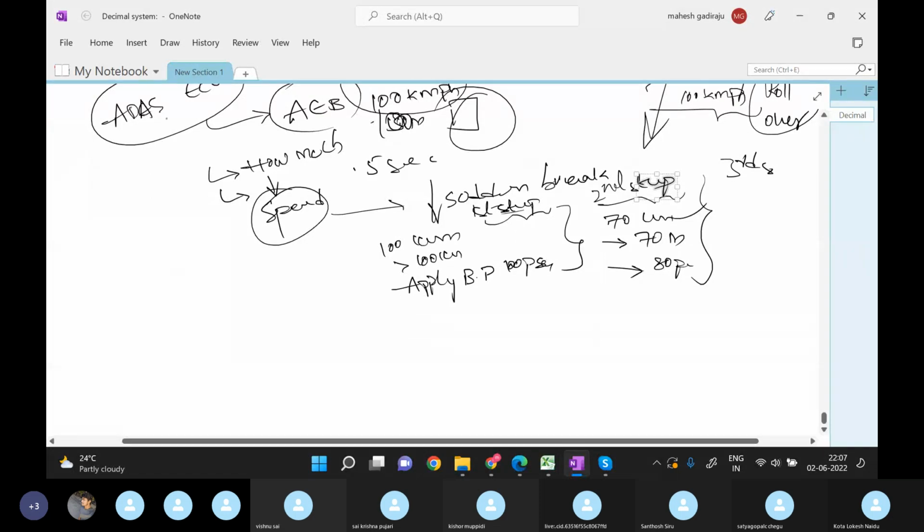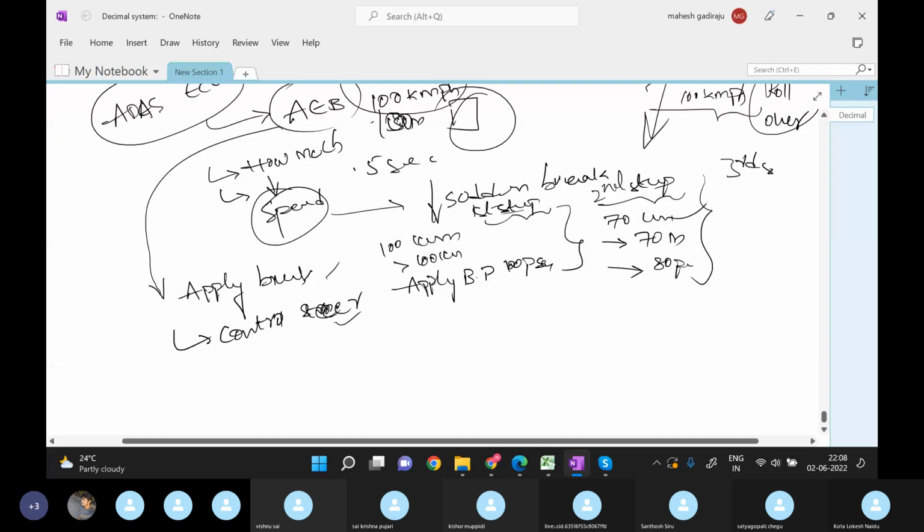Once the system has taken control of the vehicle, applying the brake, it will also try to control the steering. Got it? Applying the brake and controlling the steering, it will do if AEB is activated.